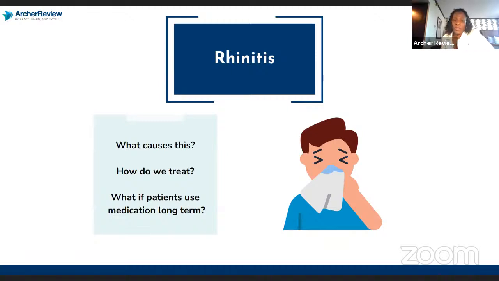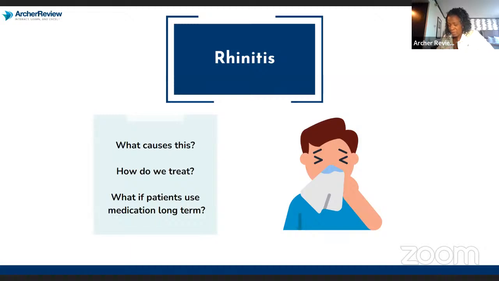When you're dealing with allergic rhinitis, the main thing you can do is treat the symptoms or try to get ahead of it. If someone has seasonal allergies, you can educate your patients to start taking their antihistamines a month or so before the season hits, to prevent their allergies from flaring up.